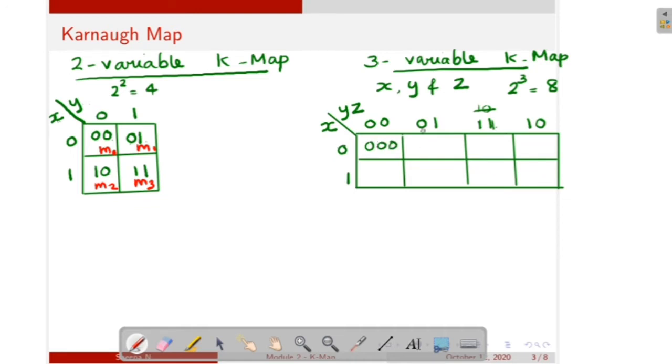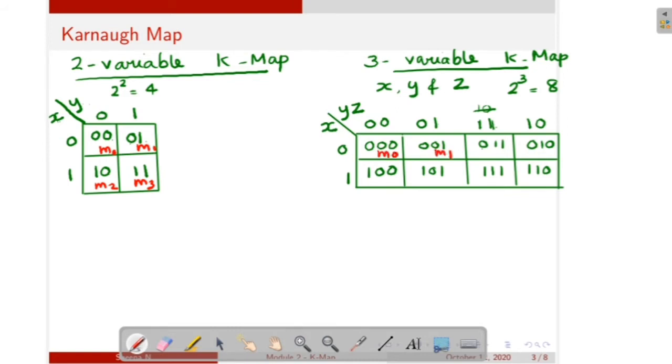This one is 001 and this square is 011 and this one is 010. Here it is 100, 101, and here it is 111 and here it is 110. Okay, so this actually represents M0.